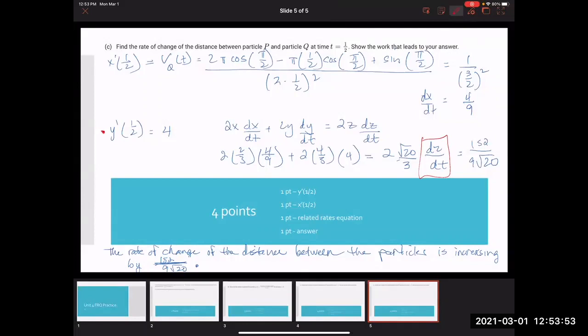That comes from right here. You get 1 point for correctly writing your related rates equation, which is what you get when you take the derivative of both sides of the Pythagorean theorem, which is this part right here. And then you get 1 point for the correct answer, which is this point right here.